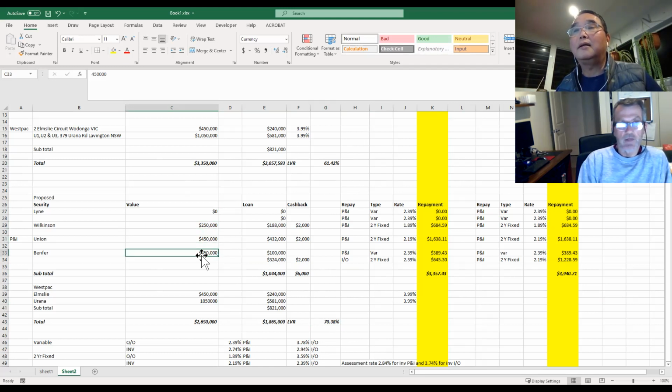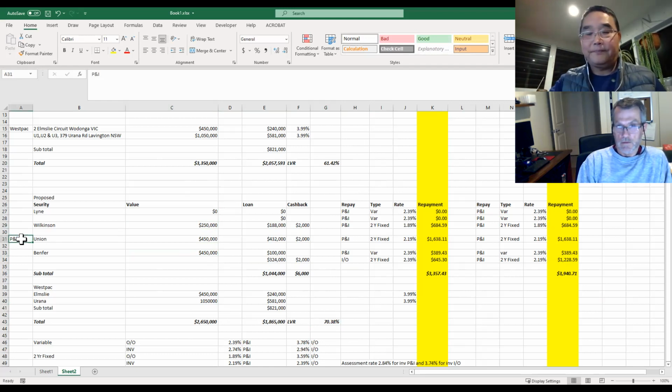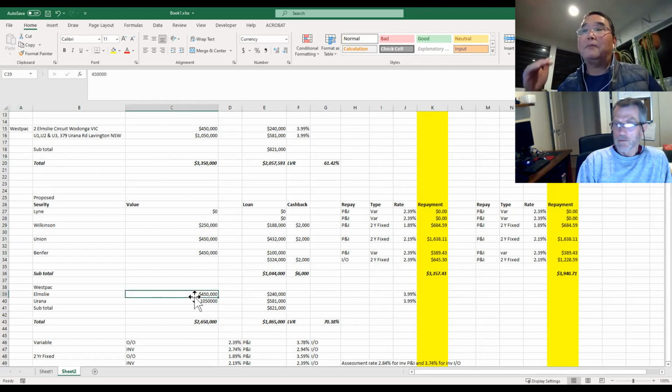We order a valuation first, always, before we put the application in. But even after we put the application into the system, we can still make changes to everything: the application, the loan amount, the property, security, value, everything.